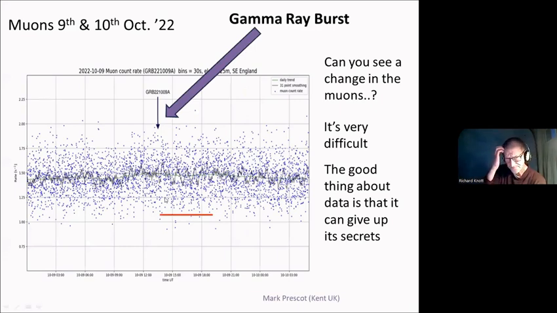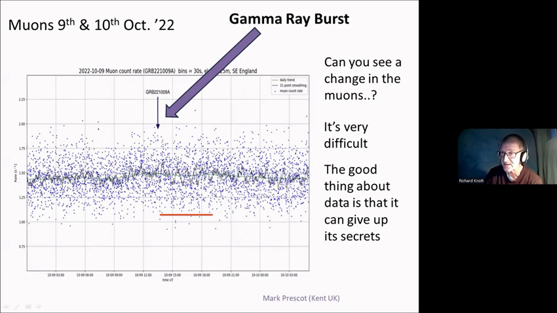And what about our small ground-based detector, the muon detector? Can we, or did we, see anything? Well, this is data that has been provided by Mark Prescott in Kent. Mark, I'd like to thank you. It's difficult to see. On the left-hand side of the graph, we've got 12 hours before.